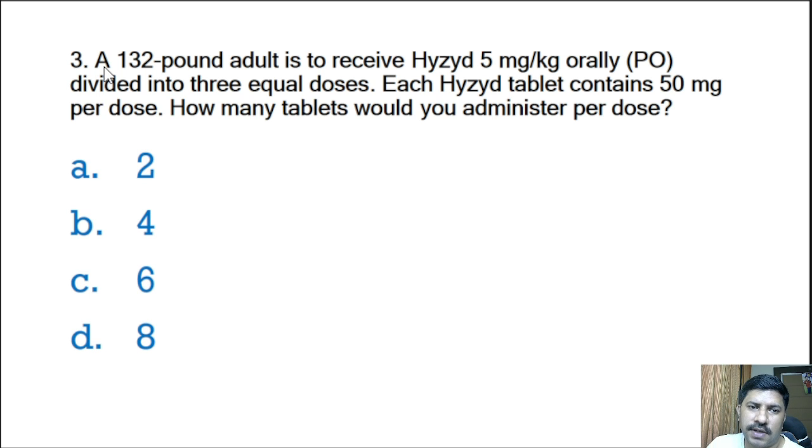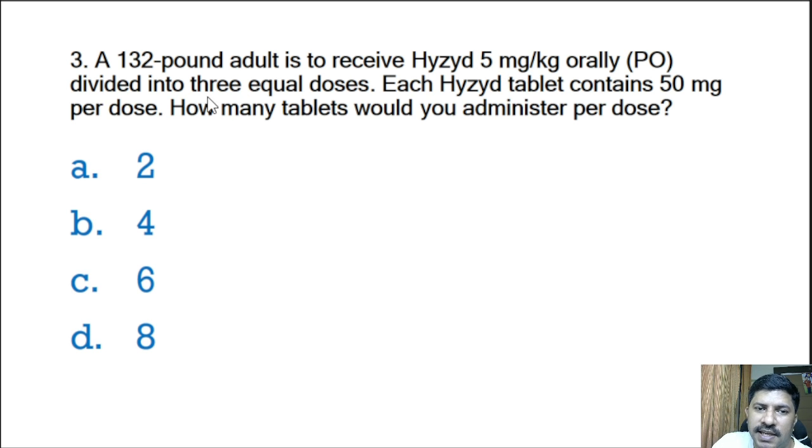First you need to understand the weight of the patient. The adult's weight is given in pounds, so you need to convert the pounds into kilograms. Next, the required dose is 5 milligram per kilogram orally. So each kilogram of patient body weight requires 5 milligram.